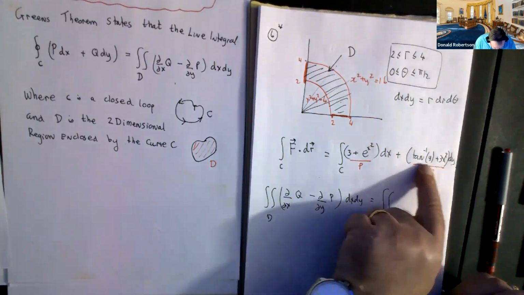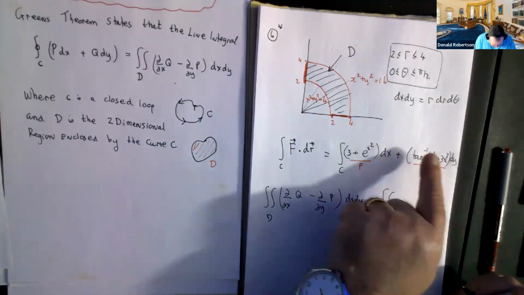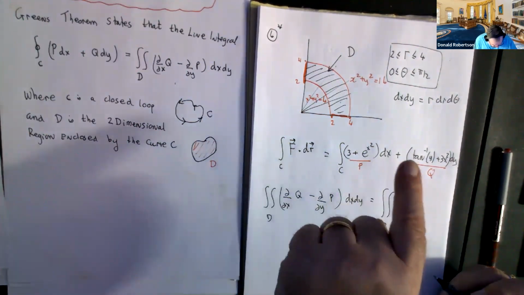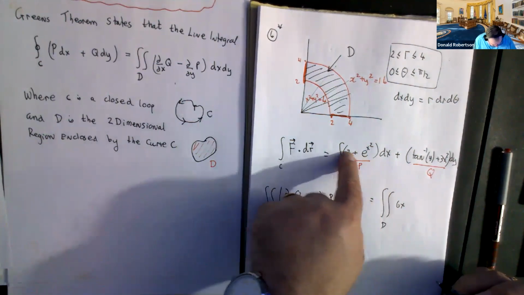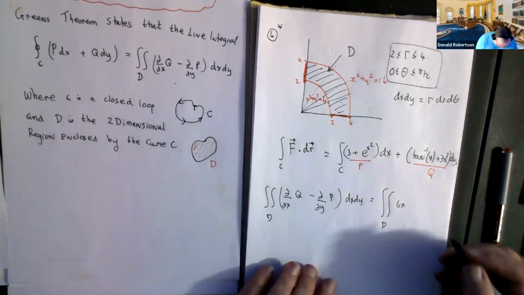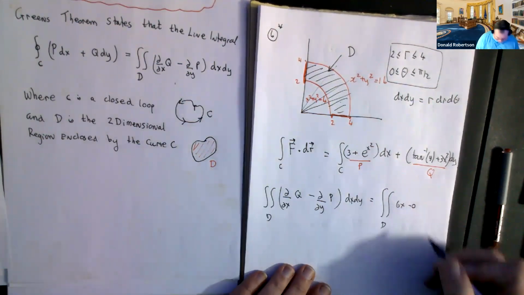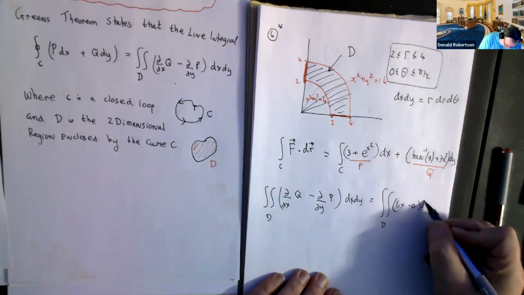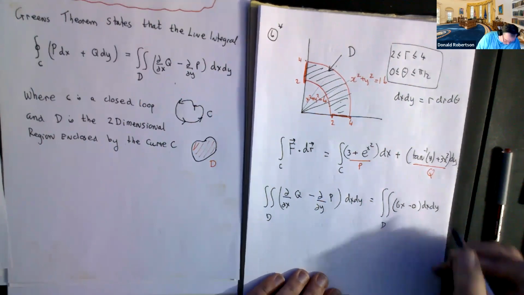If you differentiate this guy with respect to x, he doesn't matter, so you get 6x. And if you differentiate this guy with respect to y, you get even less. And I'll call it dx dy for a little while longer.